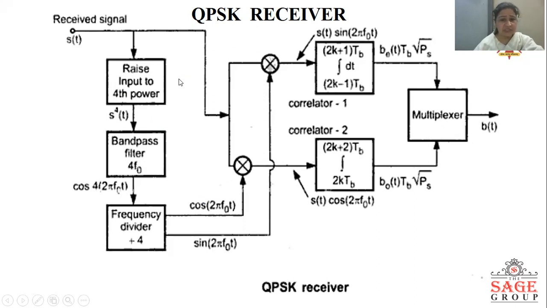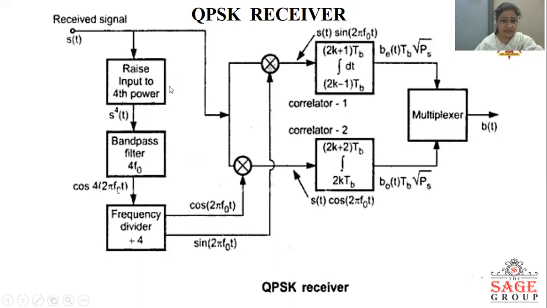In synchronous detection, the synchronized carrier used at the transmitter side is generated at the receiver. Since we used cos omega naught t and sin omega naught t at the transmitter, here we will generate synchronized carriers at the receiver, and for that we will use the carrier recovery circuit.